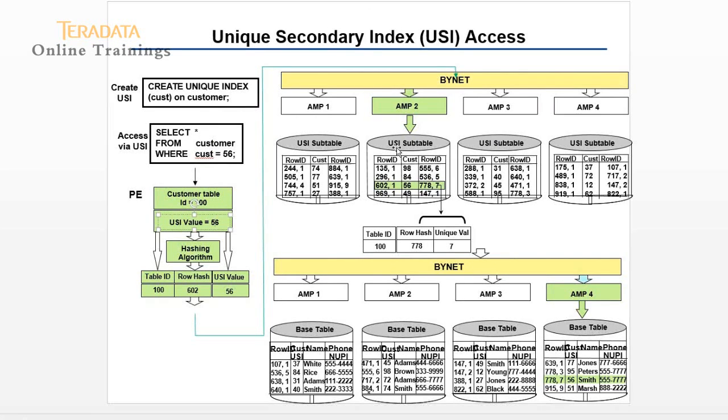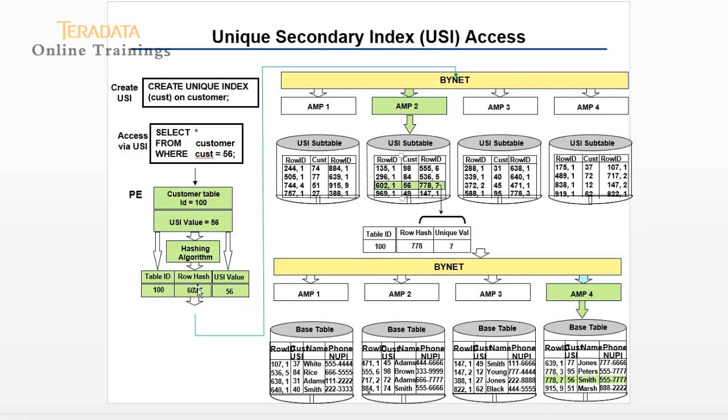Subtable will store the data with the corresponding secondary index value and the row hash value. This is the hash value that we get by using the hashing algorithm, right? So the first thing is it will go for the hashing algorithm, and table ID is 100, row hash is 602, secondary index value is 56.